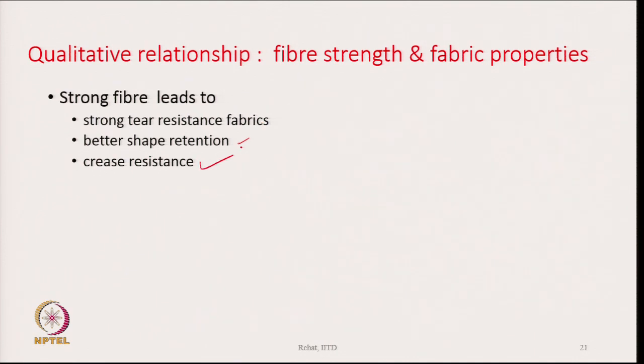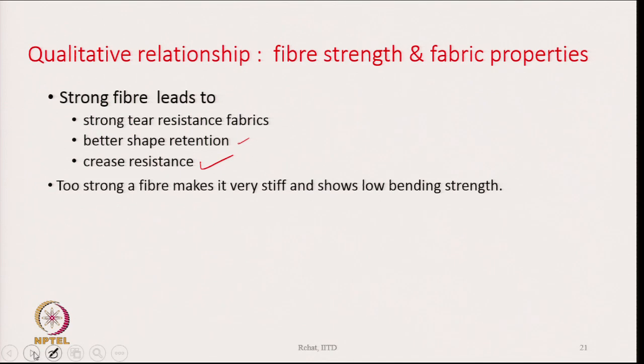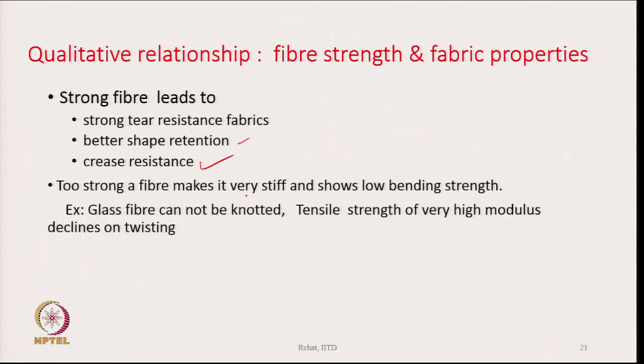Better key resistance also will be there, but too strong a fiber makes it very stiff and shows very low bending strength. So, if we bend, then they may break easily. Bending strength is less when the fiber is very strong, because it becomes too stiff and it can easily break, especially when it is subjected to bending deformation.